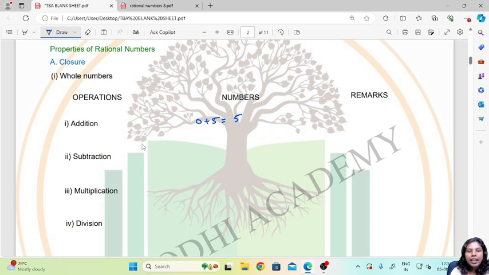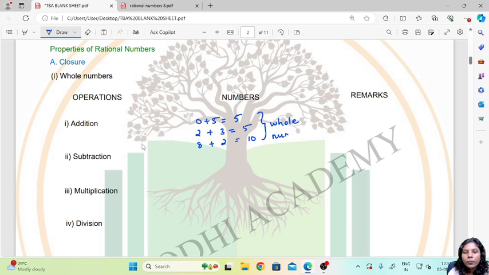Or 2 plus 3, that will also be equal to 5. Or 8 plus 2, that is equal to 10. Now these numbers, that is 5 and 10, are all whole numbers.